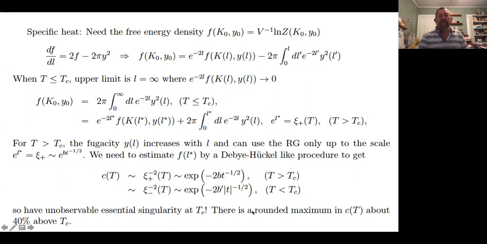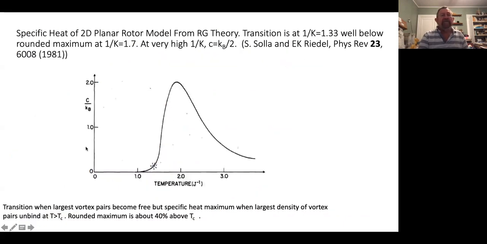But there is a rounded maximum in the specific heat about 40% above the critical temperature. And so actually the specific heat of this system looks something like this. This is actually a picture from lots of people who have estimated the specific heat.